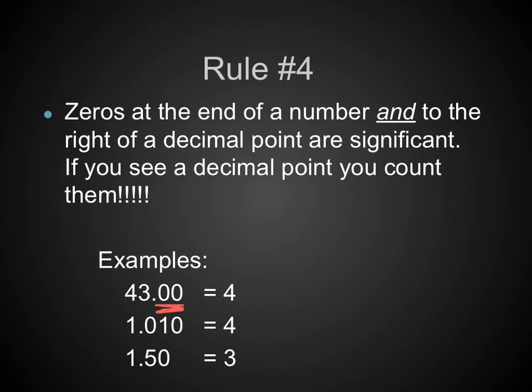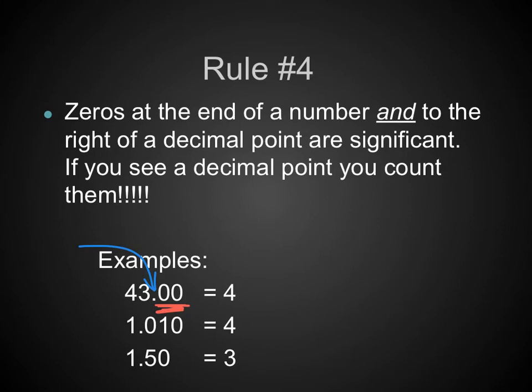So right here, see how these zeros are on the right side of the significant digits. So, when do you count them? Those zeros only count if you can physically see with your little eyeballs a decimal point. Now this number right here has a decimal point right there. Because I see it, I count those zeros.